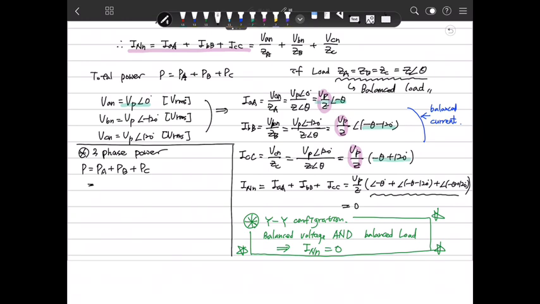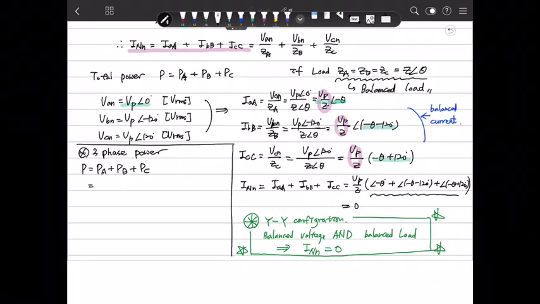Because this is RMS, the active power is VP times (VP/Z) conjugate, so cosine theta. And PB is VP times (VP/Z) cosine of theta plus 120.